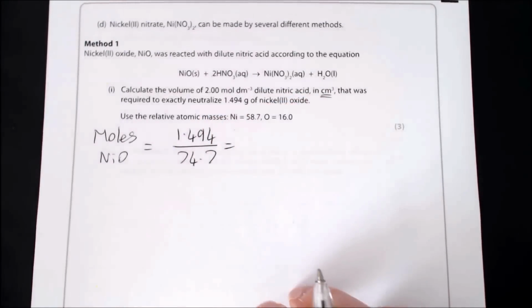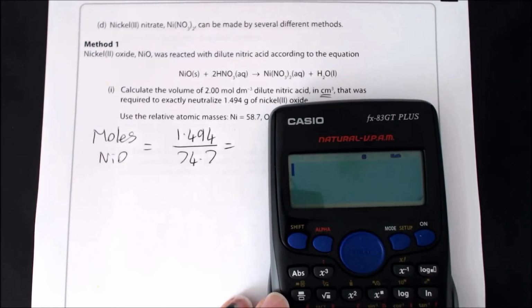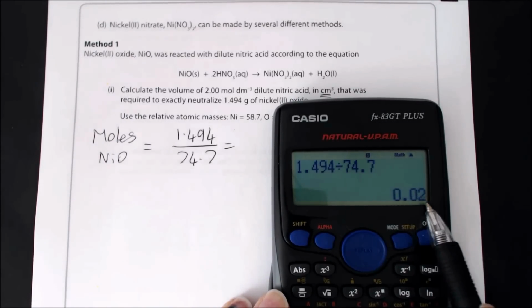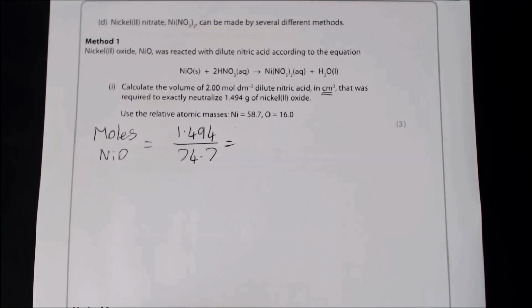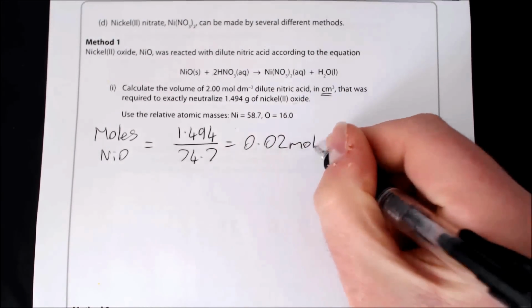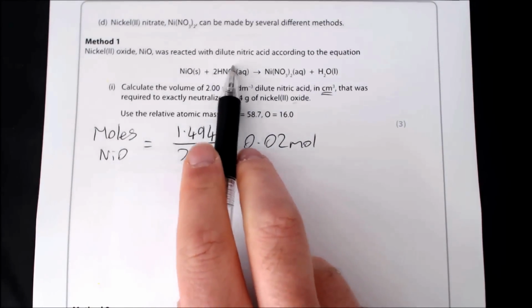And then if we put that into our calculator, we have 1.494, and we're going to divide that by 74.7, and that's going to get us 0.02, and that's the number of moles.